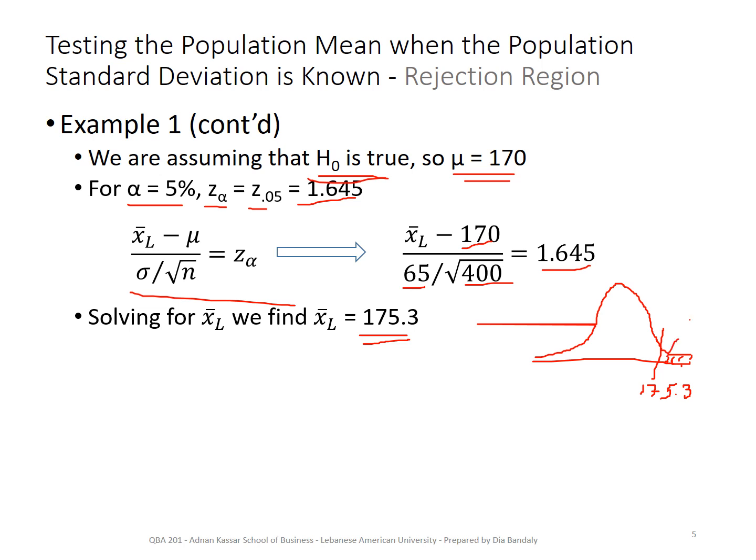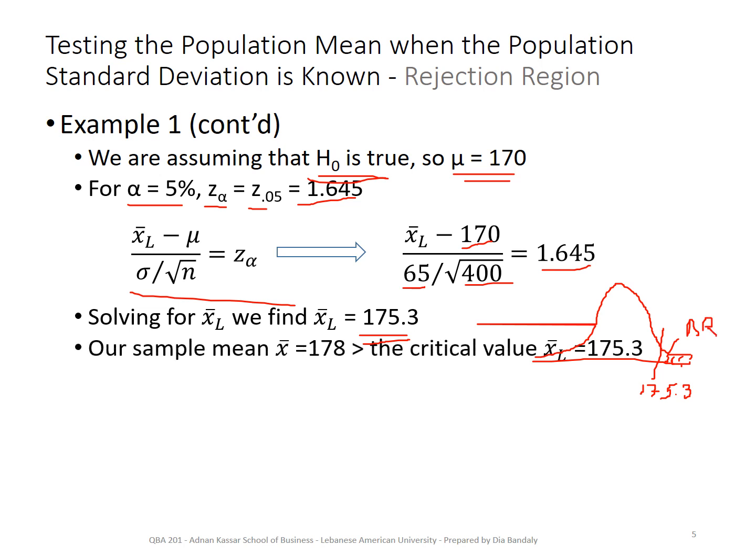This is a rejection region, RR. In our case, the sample mean that we found was 178, greater than the critical value. x bar L, we call it the critical value or the cutoff point.